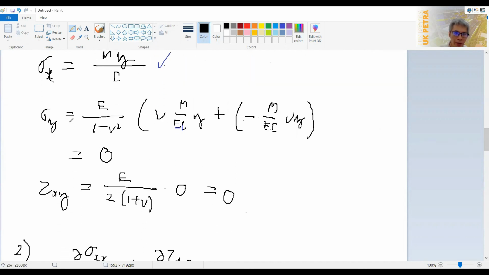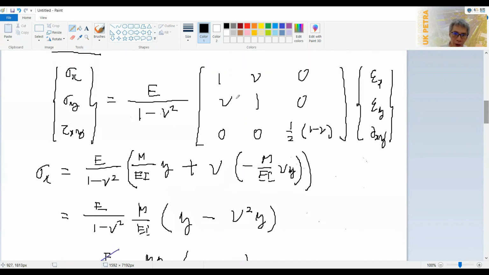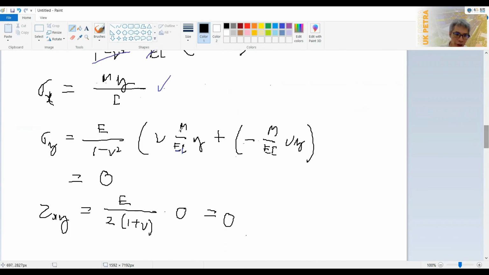For sigma y, we can calculate from the stress-strain relations. So this is E over 1 minus nu square, nu epsilon x plus epsilon y, but epsilon y is this one, right? So the result is, sorry, I missed this one, okay? Then the result is 0.